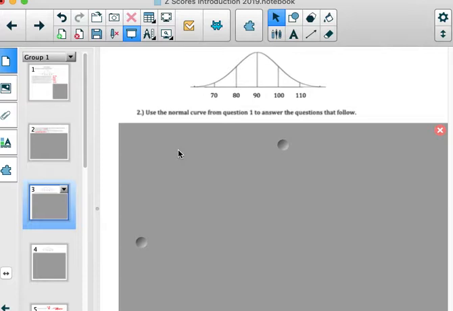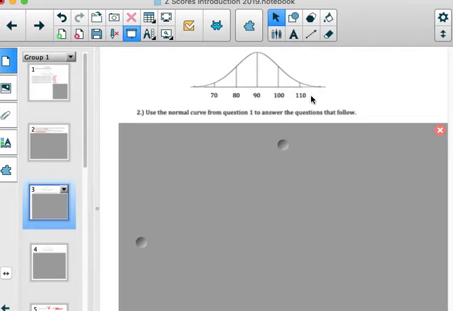So let's look at example number 2. It says use the normal curve from question 1 to answer these below. Because of the symmetry here, the mean is 90, the standard deviation is 10.